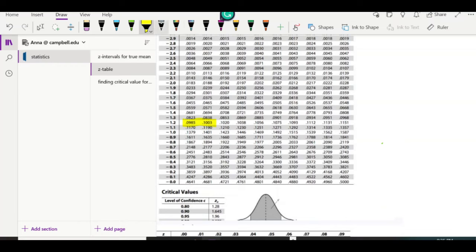But just for the sake of doing the math, in case it's not so obvious, we're going to do minus 0.0985, and we're going to get 0.0015.